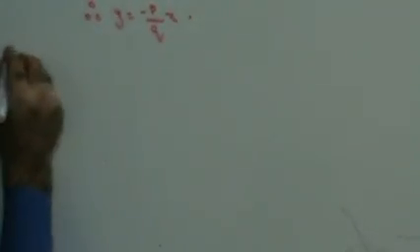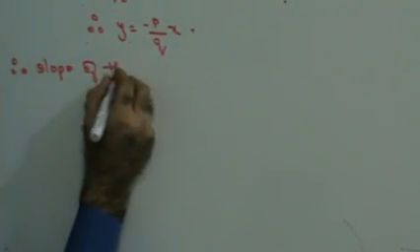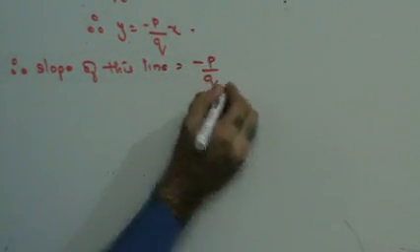This is in the form y is equal to mx. Therefore the slope of this line is minus p upon q. Since the two lines coincide with each other, their slopes should be equal.